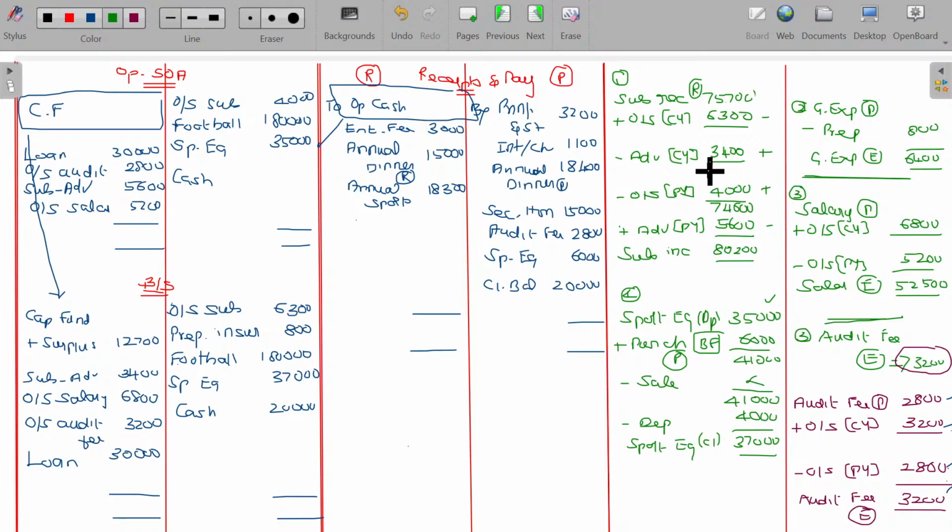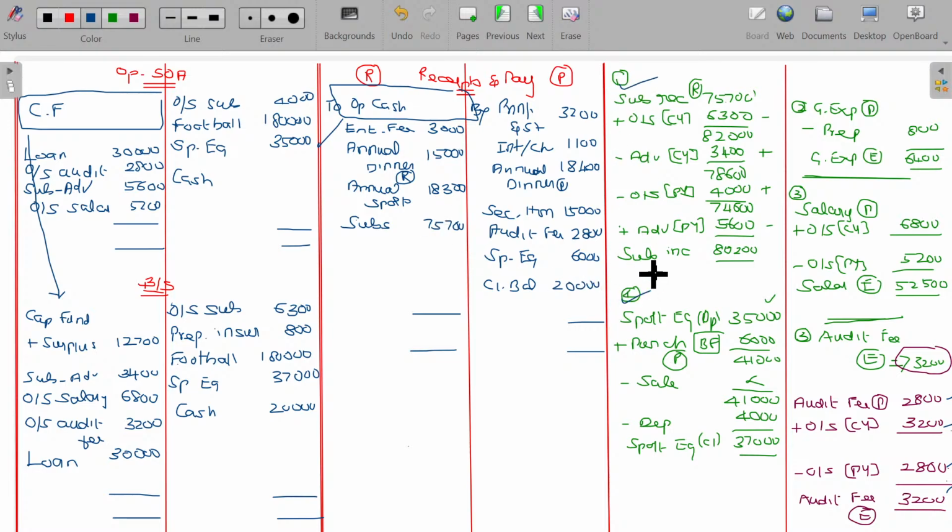By adding 4,000, 78,600. By adding 3,400, 82,000. By subtracting 6,300, with that 75,700. So here subscription receipt 75,700. Sports equipment over. This one is over.